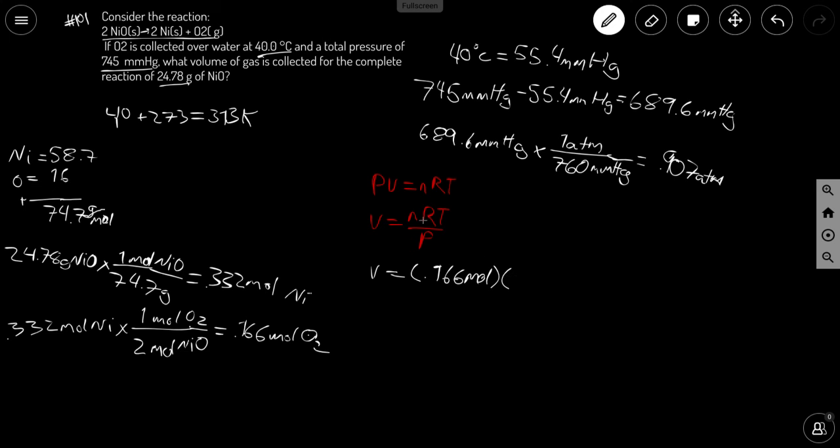And then R is a constant and its value is 0.08206 liters times ATM divided by moles times Kelvin. Temperature we found to be 313 Kelvin. Pressure we found to be 0.907 ATMs.